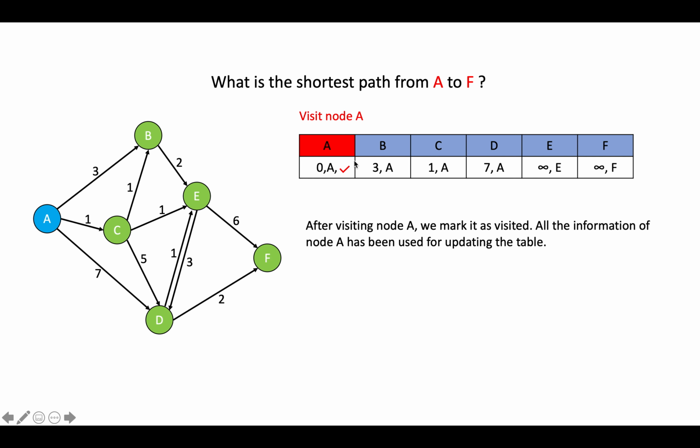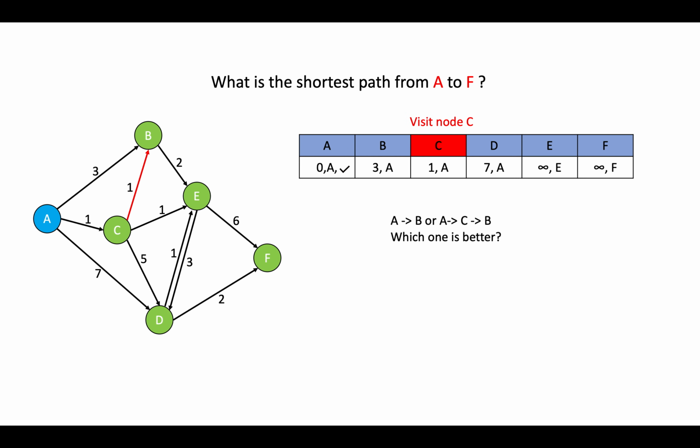The next node we want to traverse is node C, because among all the unvisited, unfinished nodes, node C has the shortest distance from node A. So we use it as our next node to visit.